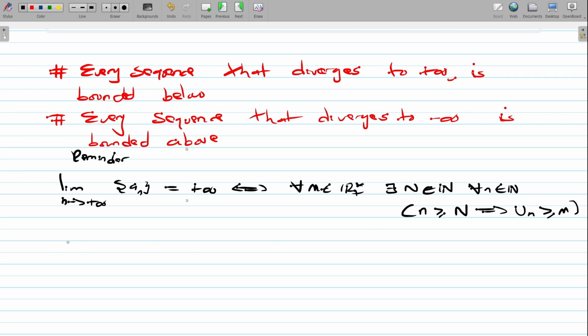And then recall that the limit as n goes to infinity of our sequence a sub n is equal to minus infinity.